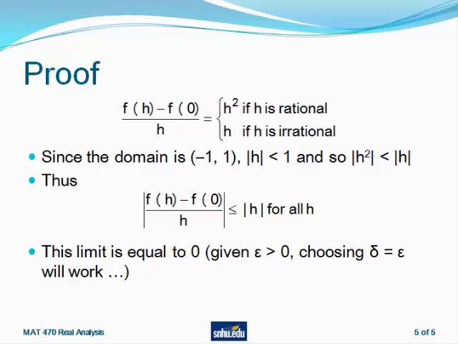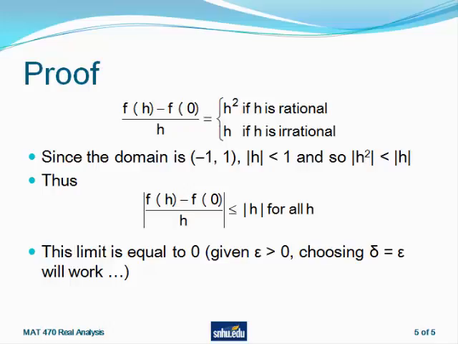Because we're looking at the domain -1 to +1, the absolute value of h is less than 1. That means that the absolute value of h squared is less than the absolute value of h. This gives us a bound on the difference quotient.